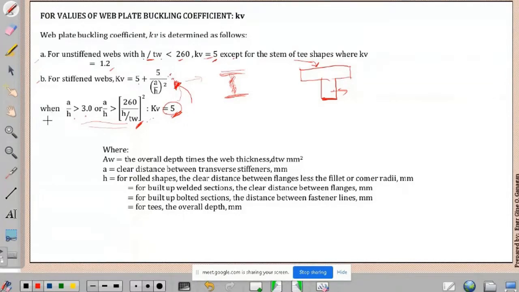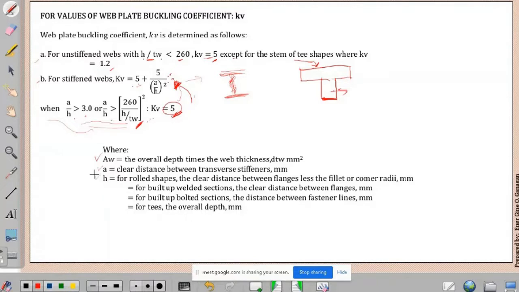Unahin nyo munang i-compute dito. So pag hindi siya pasok dito, punta kayo dito sa equation ng Kv dito sa taas, which is 5 plus 5 over a over h squared. Okay? So Aw, yan yung ating area ng web. Yung a, this is the clear distance between transverse stiffeners.